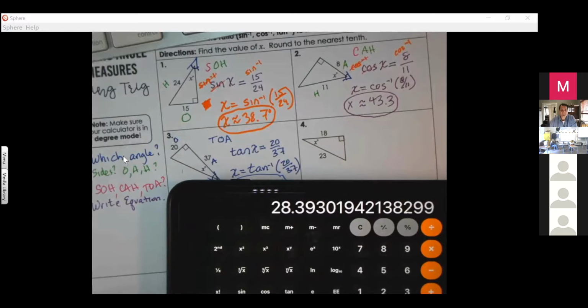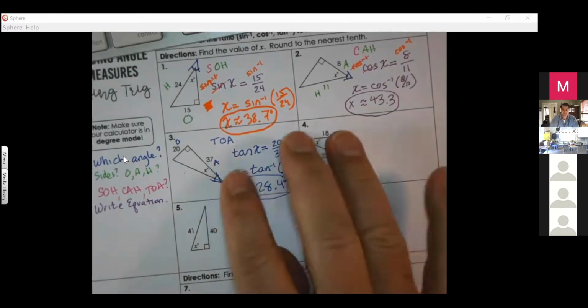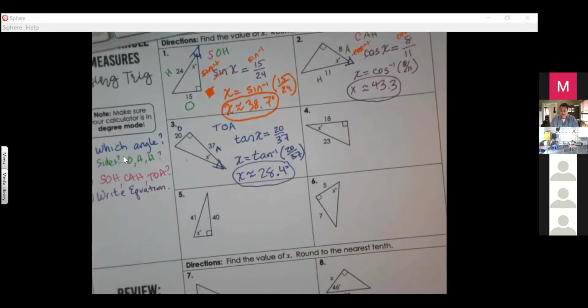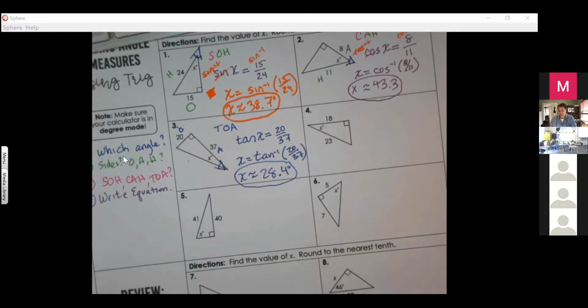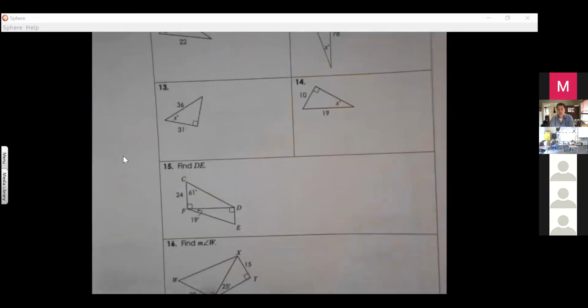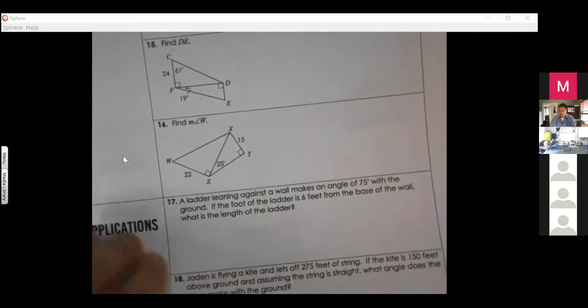Any specific questions? Okay, what you're seeing in front of you today is 3 more problems just like these. Then there's a little review on the bottom here. 7 through 10 is the same stuff from last class, so you're finding sides instead of angles. And then we've got some more practice of angles, some integrated ones that are kind of fun and going to make you think, a couple of word problems.